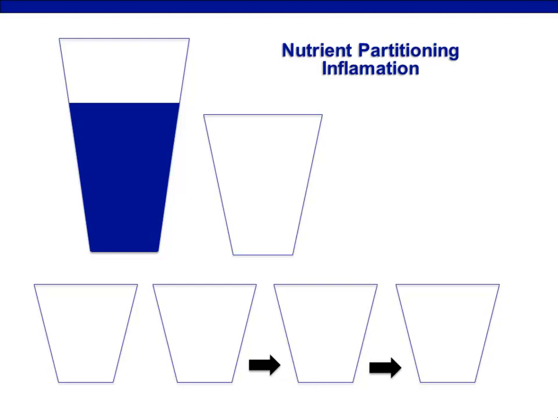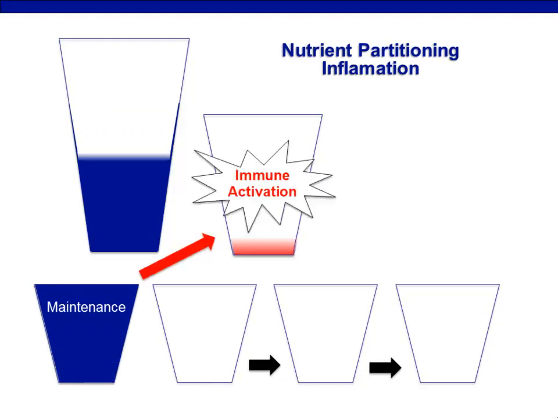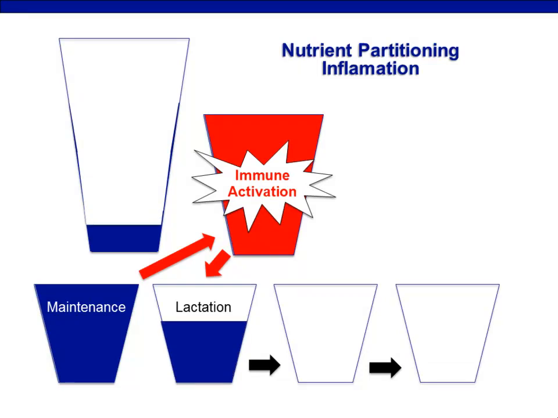They still have to fulfill body maintenance. But now, instead of going to our production phases like lactation, the immune system is picking up and requiring, hey, we've got a problem, and it shifts a lot of the nutrient profiles to the immune system.